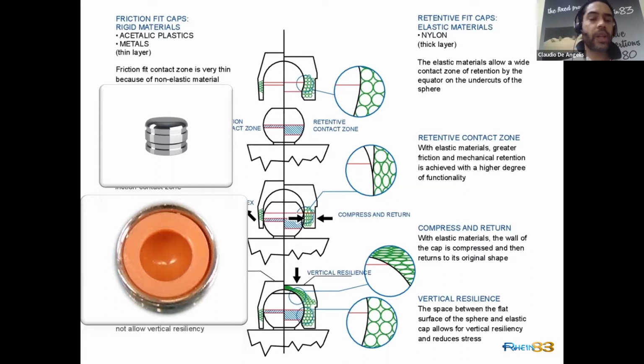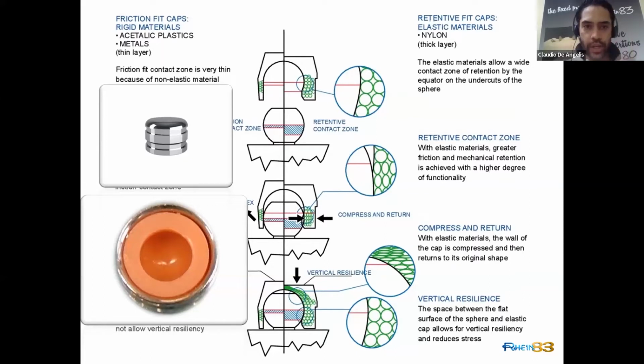If not, you just embed the cap into the resin of the denture, the pink resin, which is rigid, which does not allow the cap to open itself and close again on the undercuts of the sphere, and you will basically keep it blocked, and the result will be a more rigid system, and over time it will be too aggressive over the sphere.